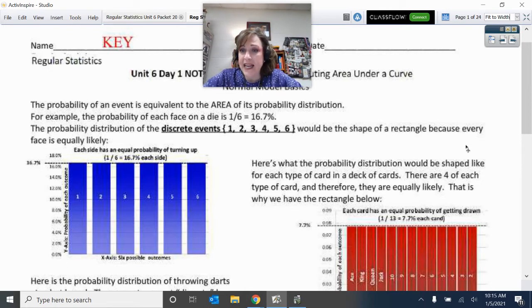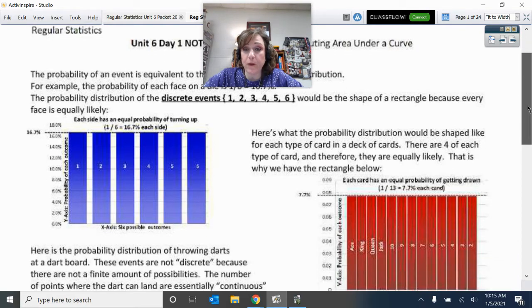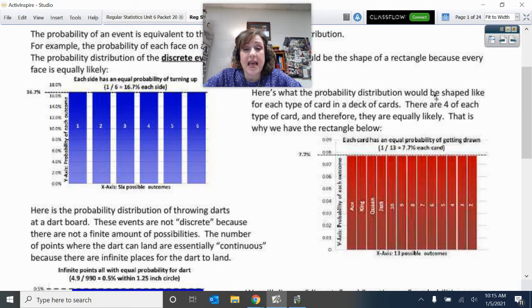Now, as you can see, if we had more possibilities, say if we were talking about the probability that you would get a particular type of card, well, there are 4 of each type of card, and there are aces, kings, queens, and so on. So you can see this is divided into smaller sections because we have more options, more possibilities. This is still discrete, though, because there are 13 distinct possibilities.